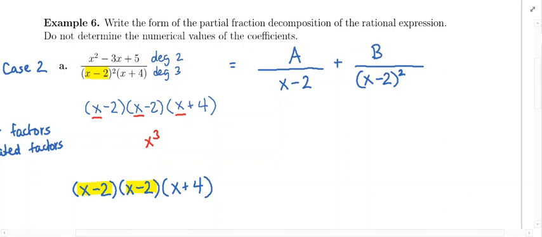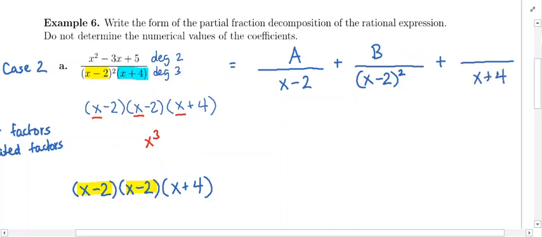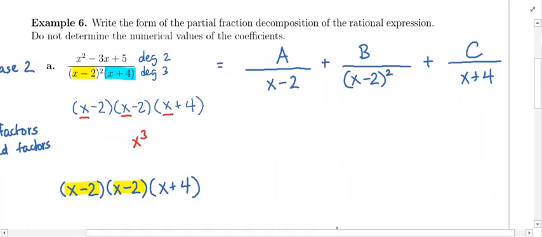We're not done because we need a fraction for this factor. x plus 4 is raised to the first power. It's not a repeated factor, so we're only going to get one fraction out of this guy. The denominator here will be x plus 4. It is degree 1, so the numerator will be degree 0. We're going to use something that we haven't used yet, which I'll call C. And we're done because the x plus 4 is not repeated.